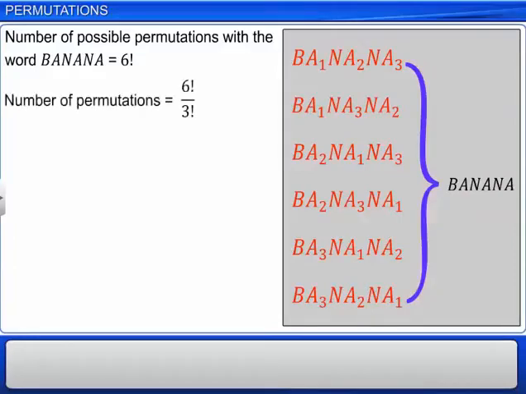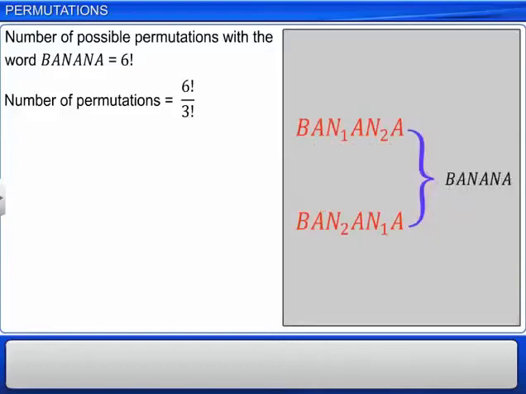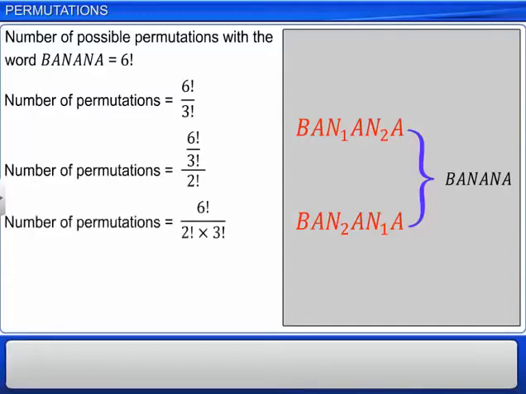Therefore, there are 6 factorial divided by 3 factorial permutations. Coming to the letter N, we have 2 factorial permutations that resemble each other. Therefore, we have the number of permutations as shown. This can be generalized into a formula.